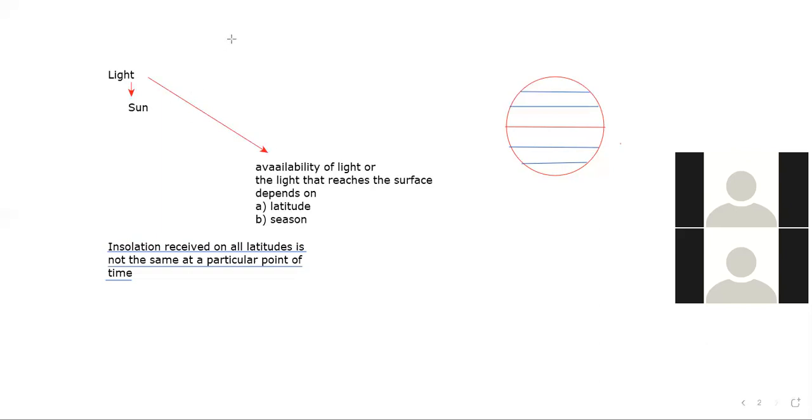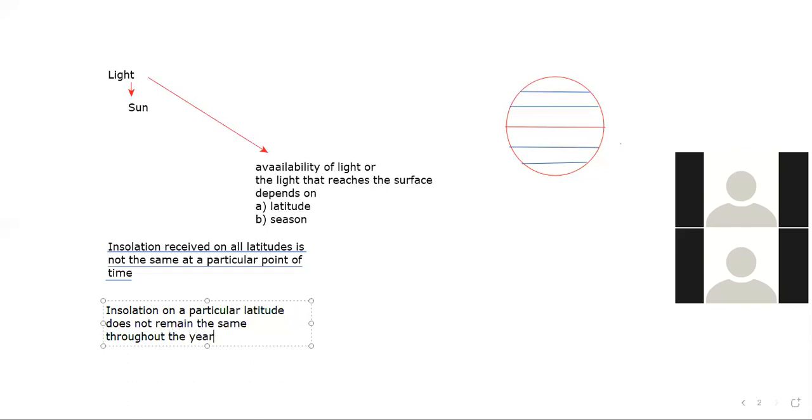The second important point is that insolation on a particular latitude does not remain the same throughout the year.